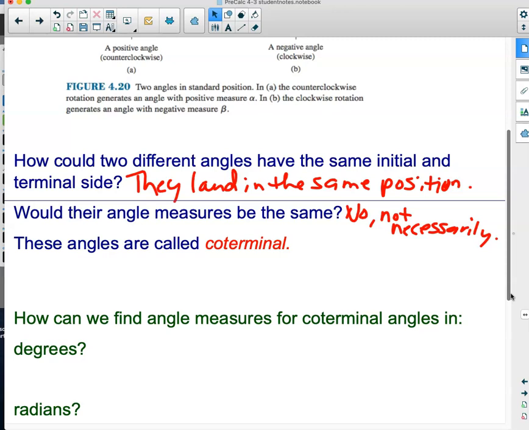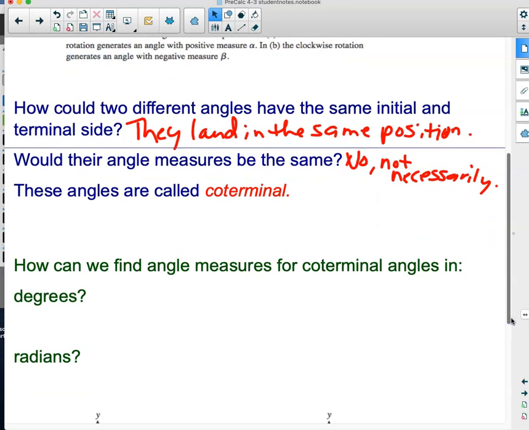And like it says, we have to remember, how do we find angle measures for coterminal angles when they're measured in degrees? So somebody please unmute and remind everybody, what do we do to find coterminal angles if they're in degrees?